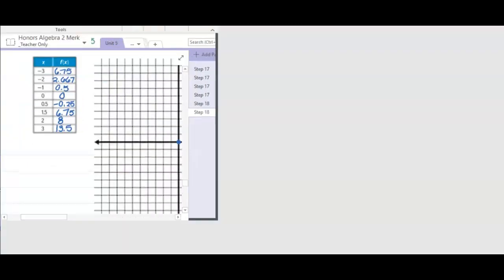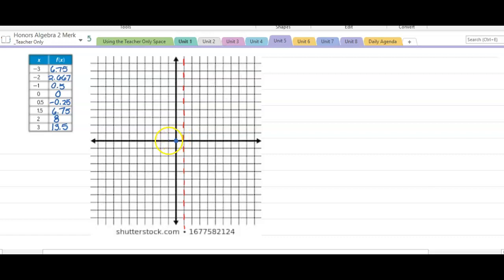Alright, let's go back and plot these points now as best we can. -3 up 6 3/4. -2 up 2 2/3. -1 up 1/2. 1/2 down 1/4. 1 1/2 up 6 3/4. 2, 8.